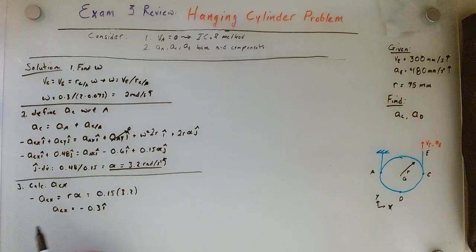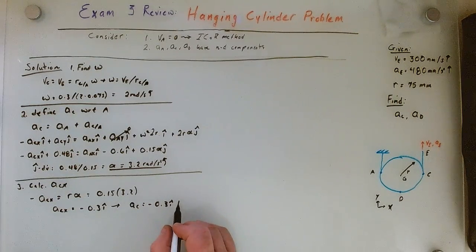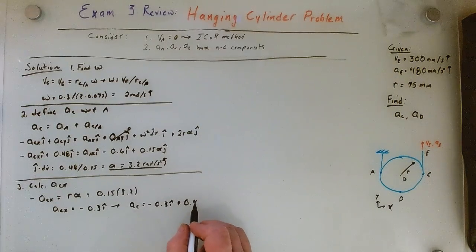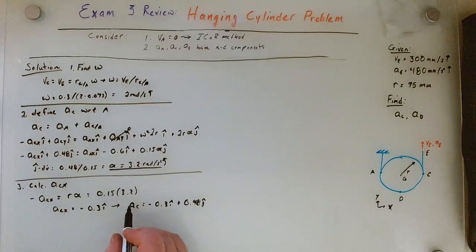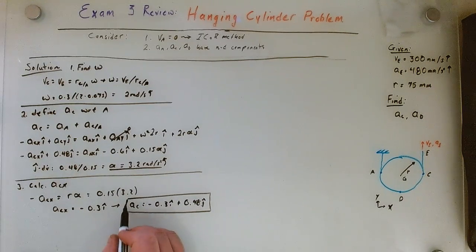And we already know ACY, right? ACY is AE, right? So what does that mean? That means that AC is equal to minus 0.3i plus 0.48j. One down, one to go.